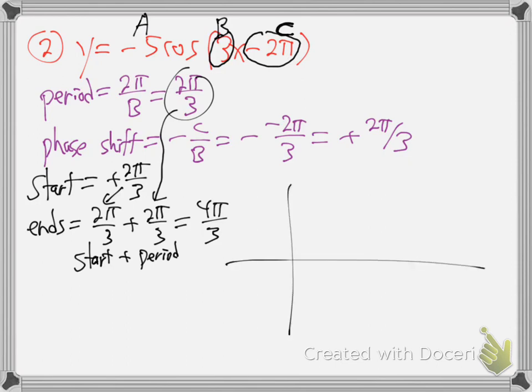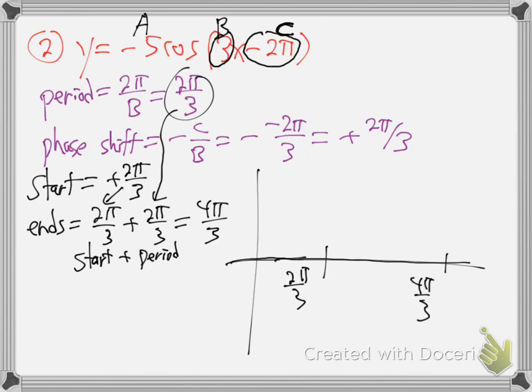And I say, okay, I'm going to put a cosine graph here, and it's going to go, let me shift that around a little bit. It's going to go from 2 pi over 3 to 4 pi over 3. Like that.